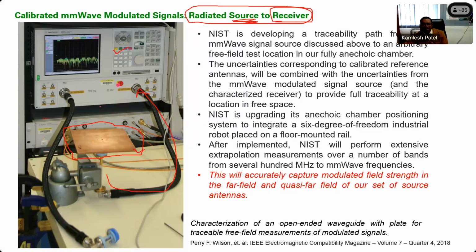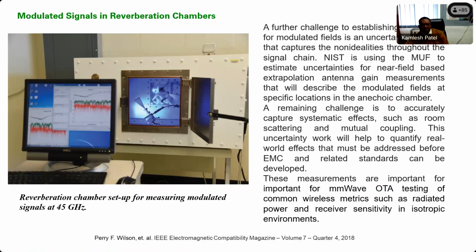The captured signal can be observed on the display of this analyzer, and the field strength can be measured in the far field as well as in the quasi far field region. So various antennas covering various frequency ranges, from millimeter wave and others, can be changed, and the value of field strength can be measured. So this again can be made traceable.